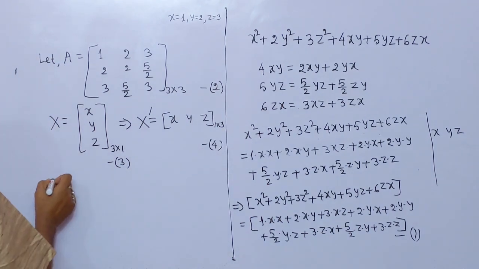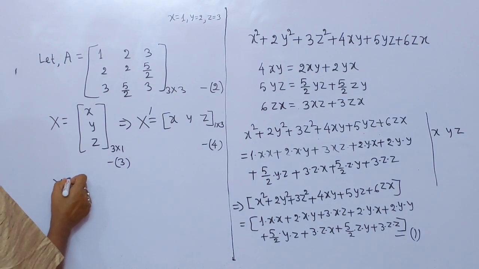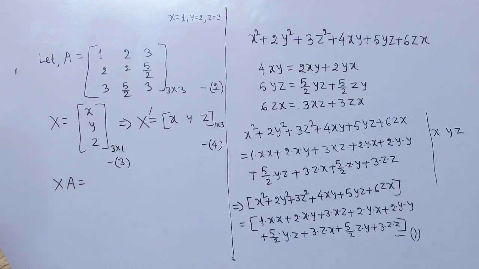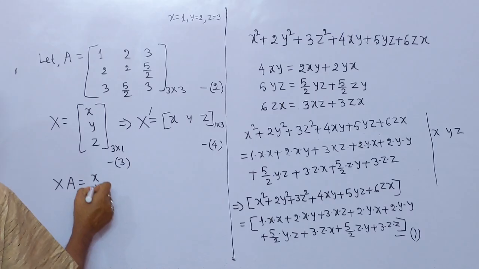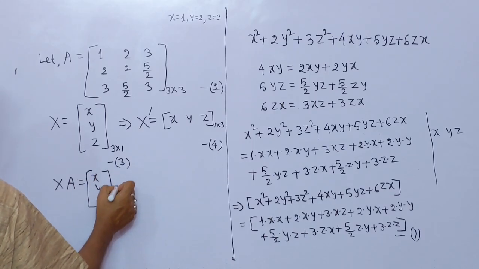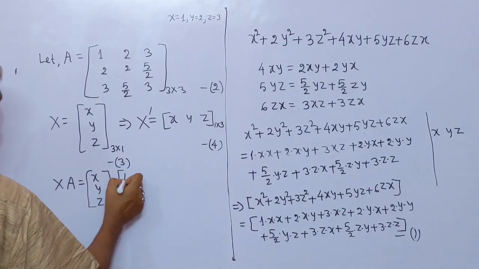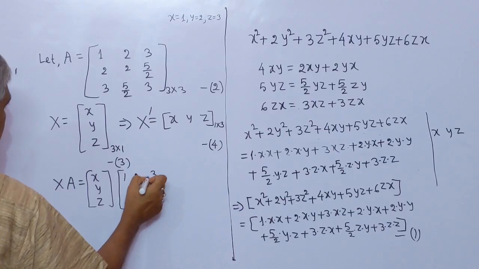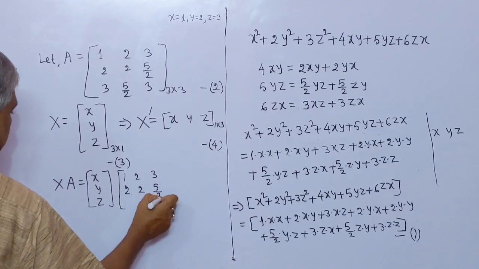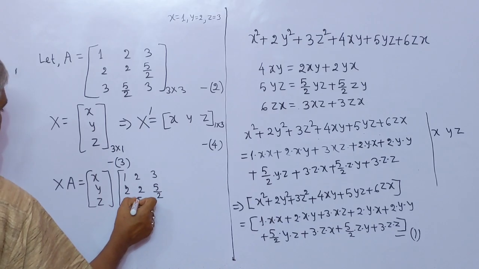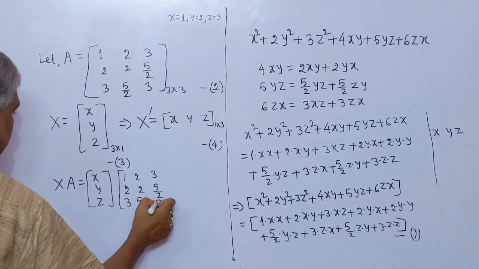Now X transpose multiply A: x, y, z multiply the matrix with rows 1, 2, 3; 2, 2, 5 by 2; 3, 5 by 2, 3.